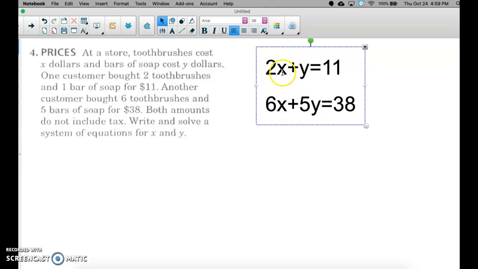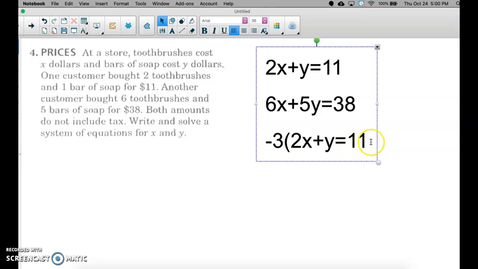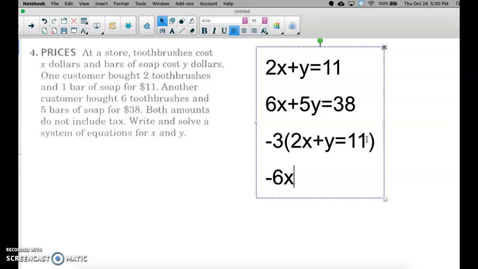For this one, I am going to show you the process of elimination. You could easily do it the other way as well, but personally, I just want to get you more exposure to both methods. So I'm going to multiply this entire first equation by -3. When I do this, I get -6x minus 3y equals -33.